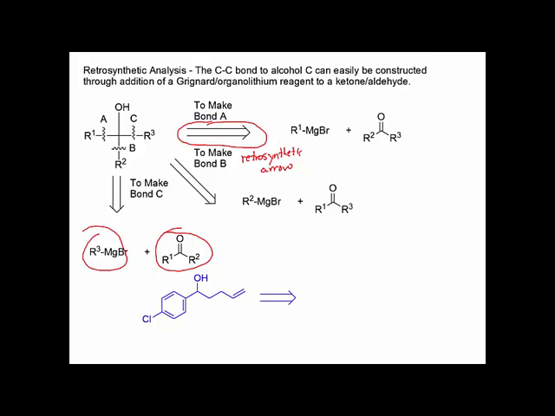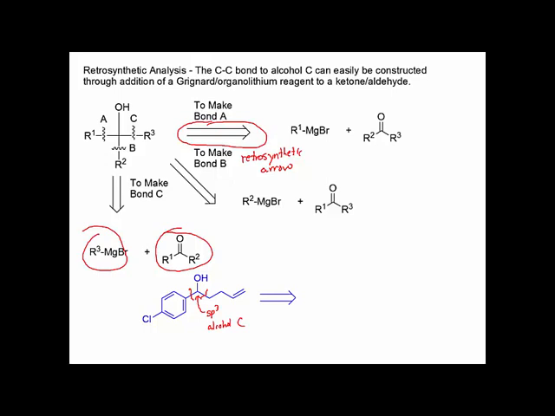All right, so how do we make this compound here using the Grignard reagent? What are our bonds? These are the bonds that we would make. We would make the carbon-carbon bonds going to the sp3 alcohol carbon.